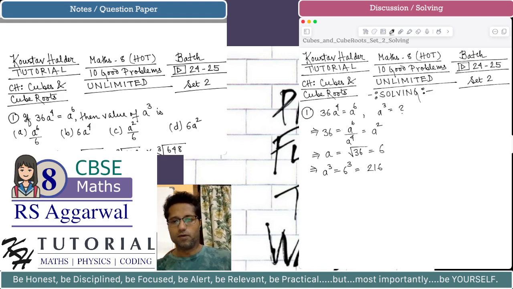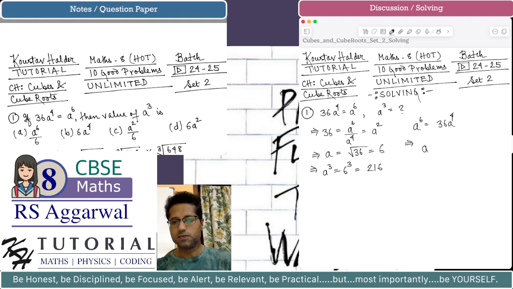So what we can do, we have to find a cube. Okay, now let's see what is given. A to the power 6 is given to be 36 a to the power 4. Now this implies, what is a to the power 6?